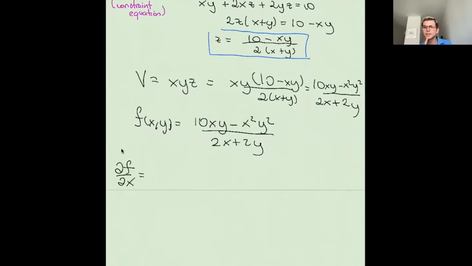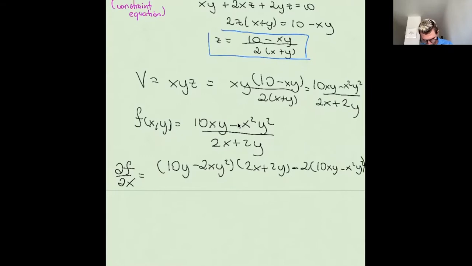And this is interesting because it's a quotient rule, right? If you remember, the quotient rule is you take the derivative of the numerator. So the derivative of the numerator with respect to x is 10y minus 2xy squared, times the denominator, minus the numerator times the derivative of the denominator. The derivative of the denominator is 2, so it's just minus 2 times (10x minus x squared y squared).